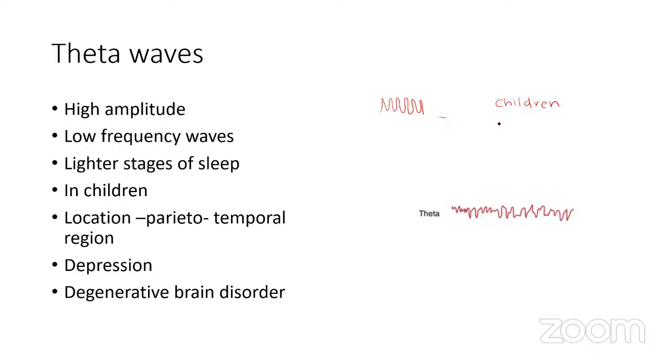It is also seen in lighter stages of sleep, which means NREM 1. Its location is parieto-temporal, middle part, and it is seen in depression and degenerative brain disorders.